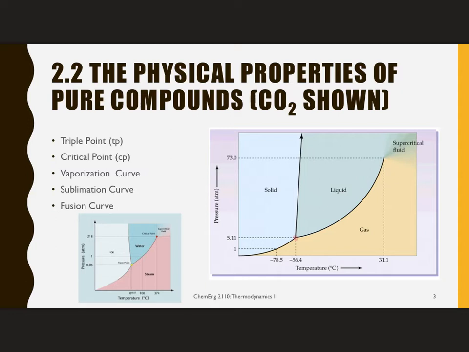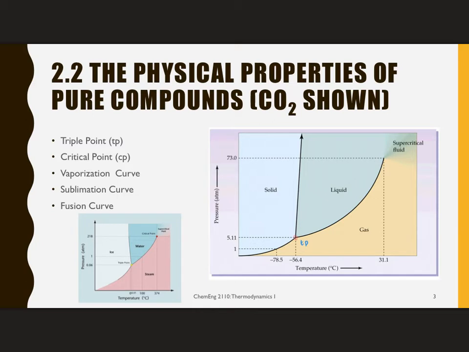We will frequently designate this with a TP because, again, an engineer may be a little bit lazy from time to time, and so an abbreviation is helpful. The triple point is a unique point for a pure substance where the solid, the liquid, and the gas can all coexist at one point in time. The key thing is that it is a point. There is a particular pressure and a particular temperature where this can occur. No place else.